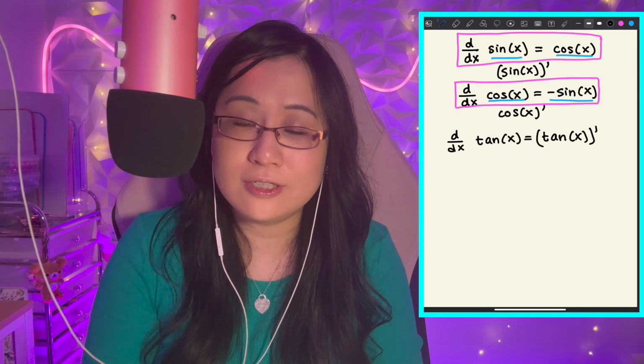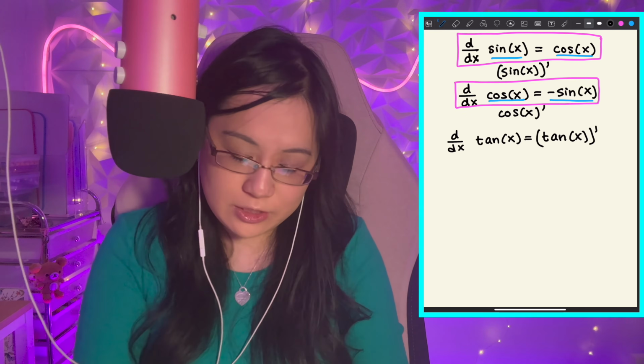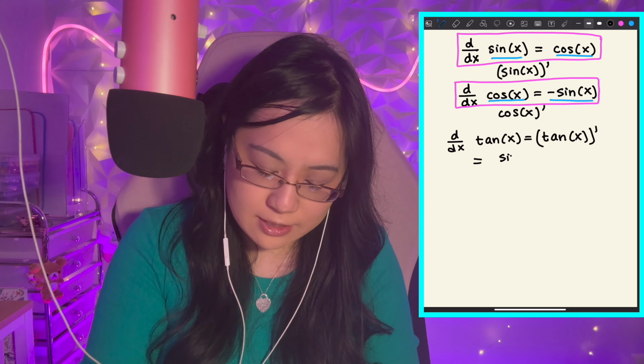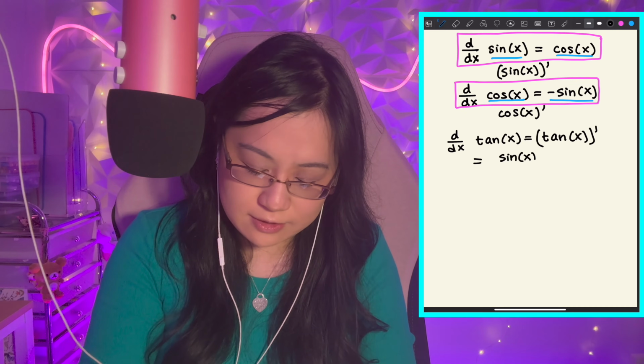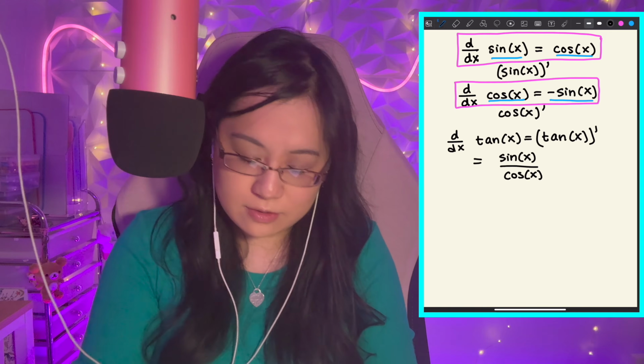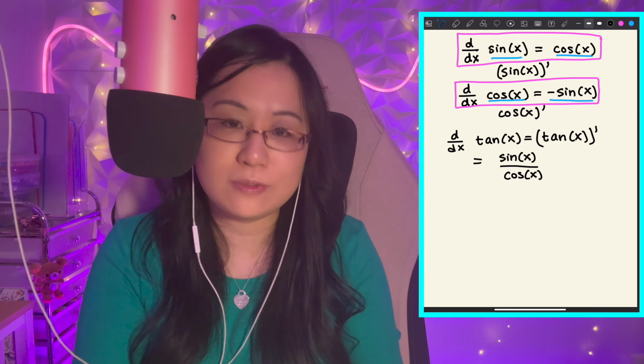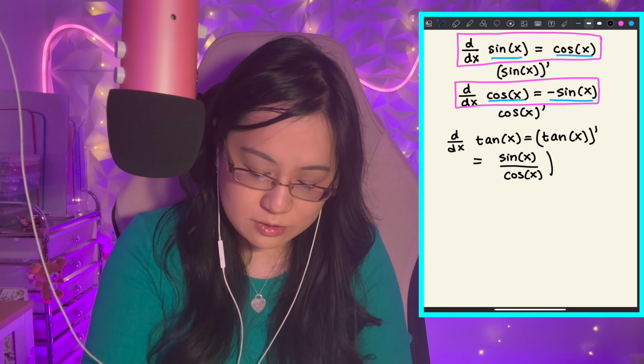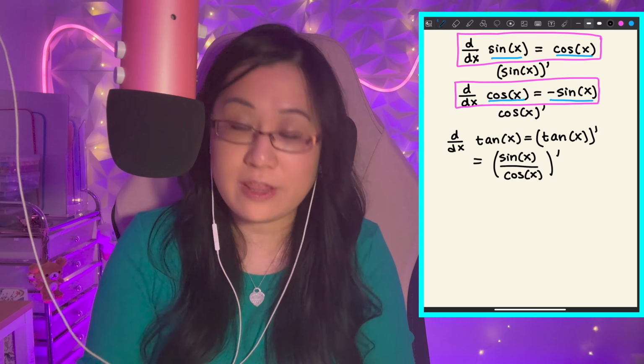Now, tangent is, by definition, sine over cosine. I'm not doing anything other than writing out tangent in terms of sine and cosine. And so we're going to take the derivative of that.